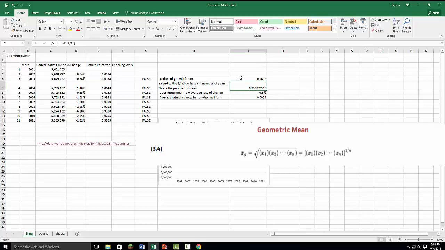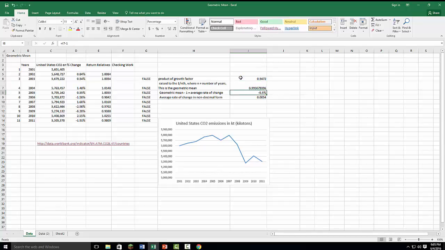So 0.9472, take the nth root of that. In Excel, we just raise it to 1 over n. So we have 0.9472 raised to the 1 over 11th power. And that gives us 0.995, and this is the geometric mean.